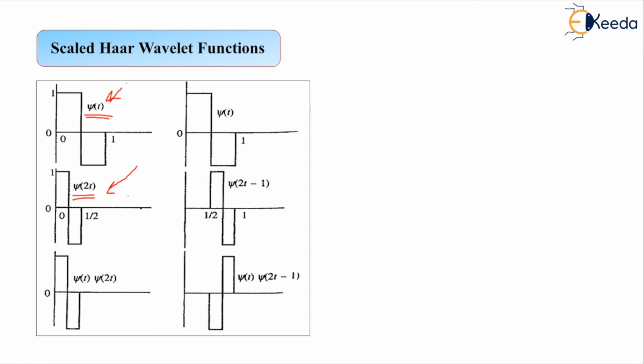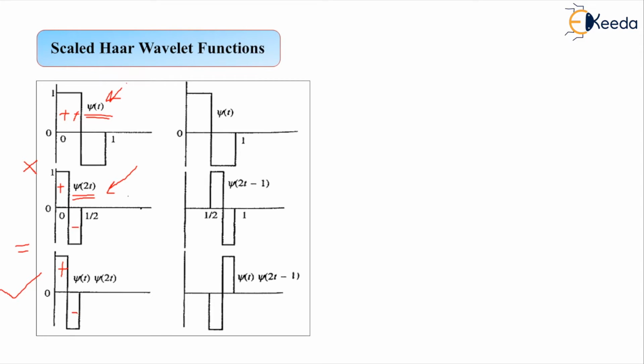Matching the time axis and multiplying the two, the result is shown in this representation. Where we have positive amplitude in both operands, we get a positive result, and where one is positive and the other negative, we get a negative result.